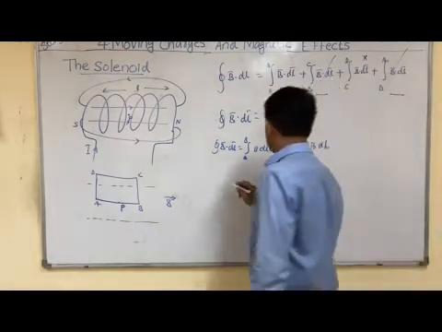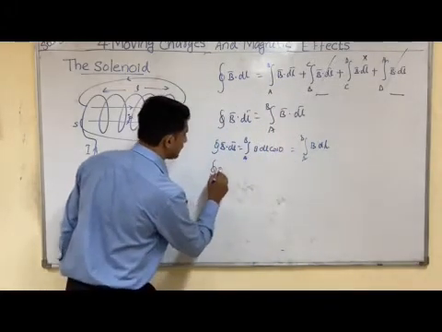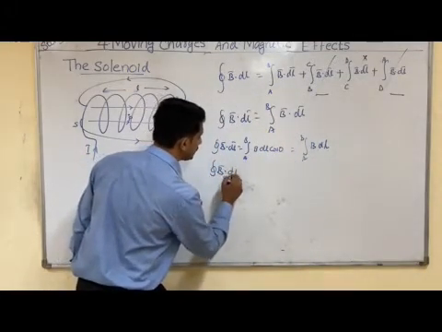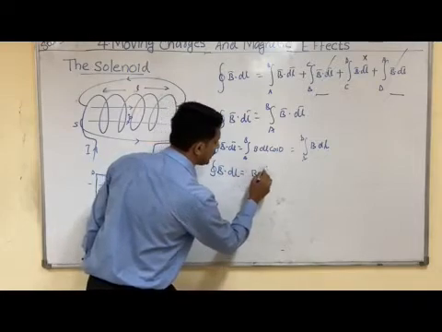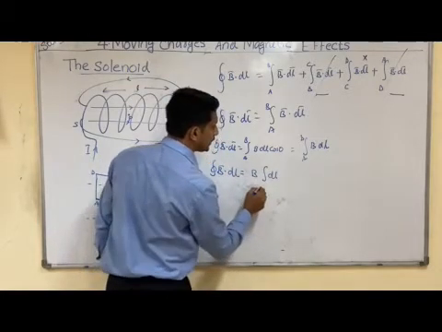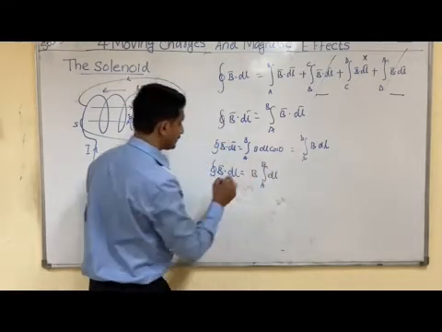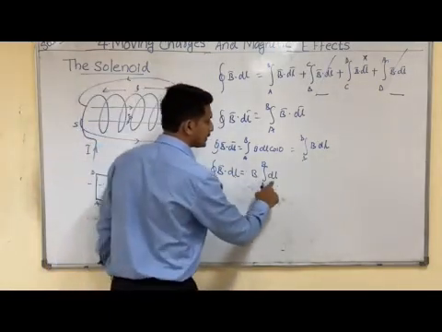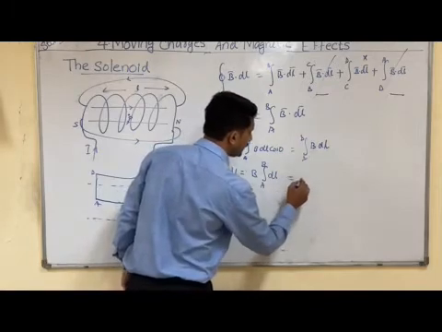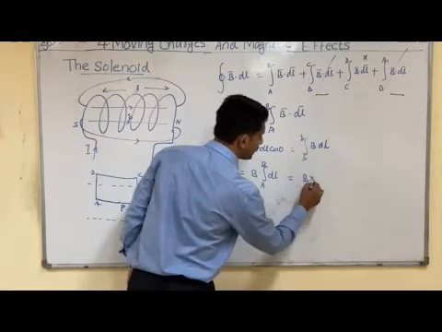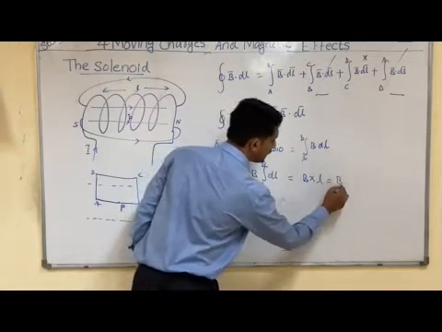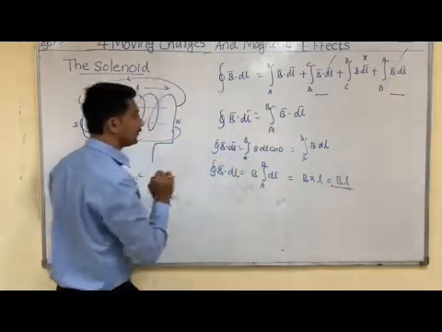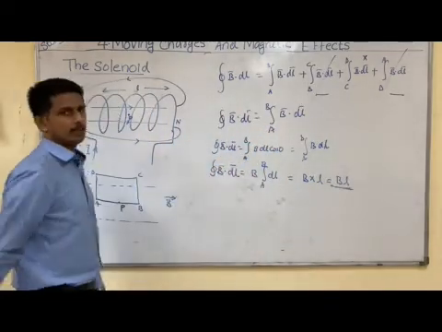And B is constant, so this becomes B into integral of dl from A to B. We can mention this integral of dl as L, so our equation becomes B into L. That means the integral of B dot dl is equal to BL.